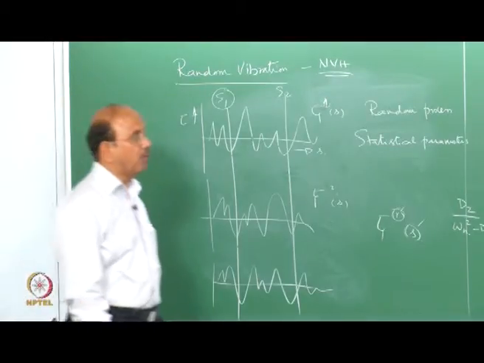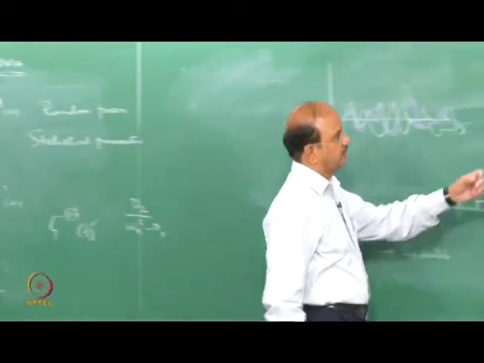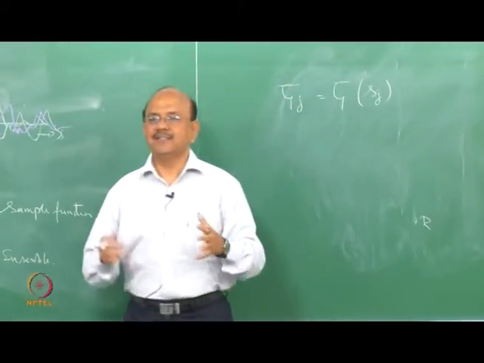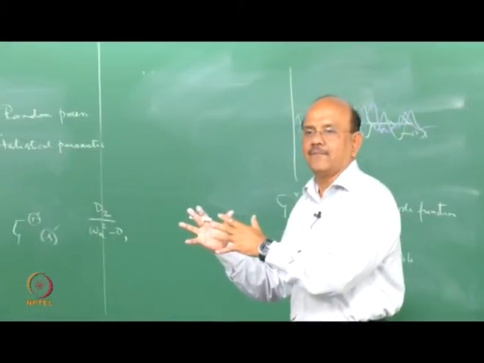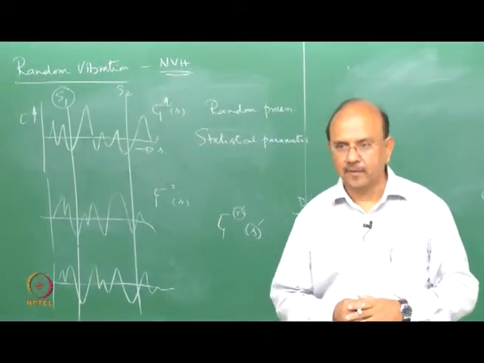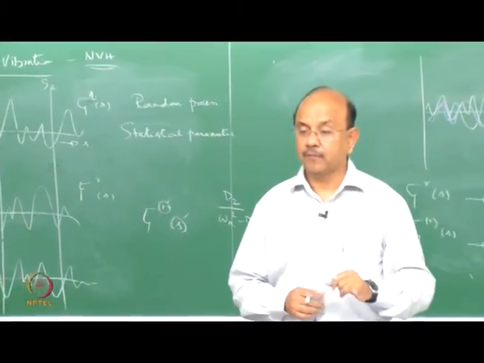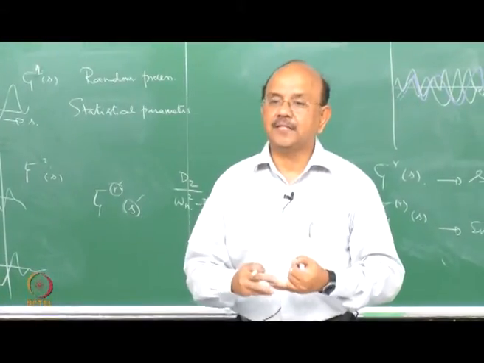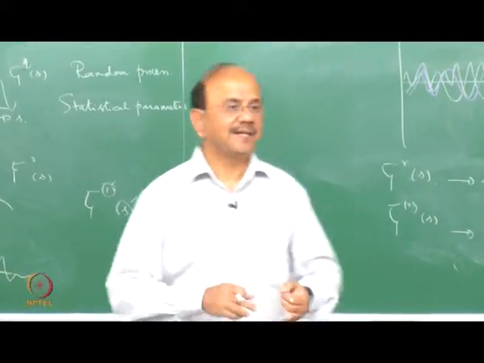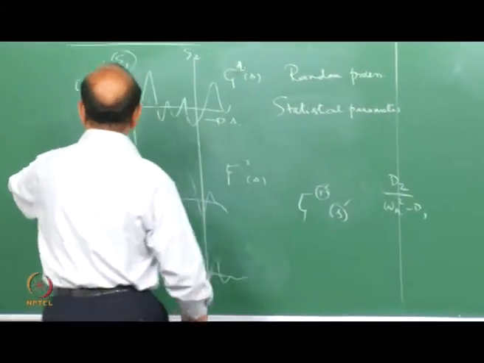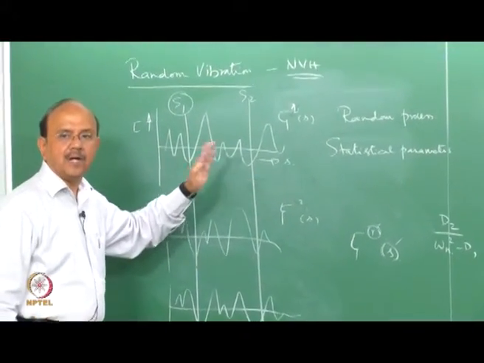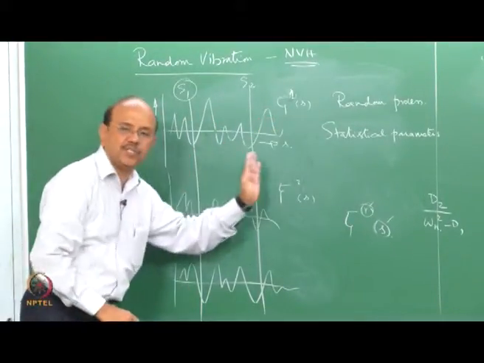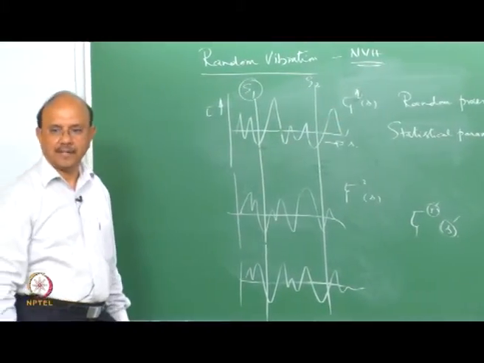In other words, this variable has statistical properties, number one. The other statistical property I'm interested in is, as I vary S, how does this height, this roughness, change with that length?